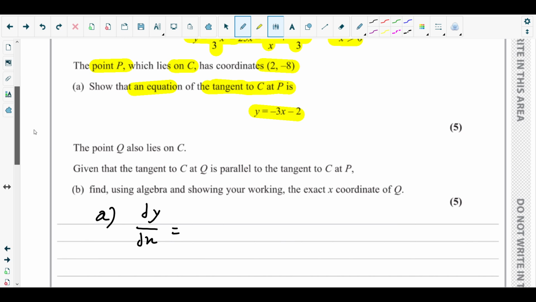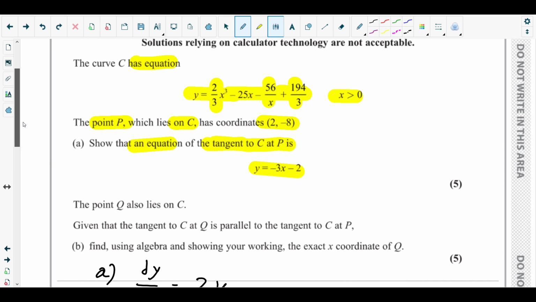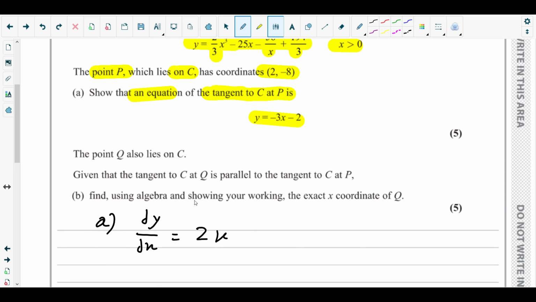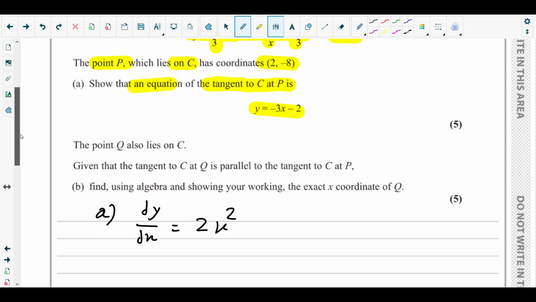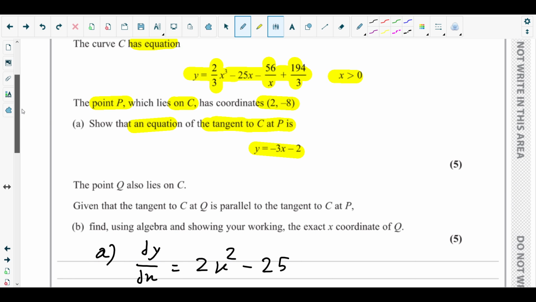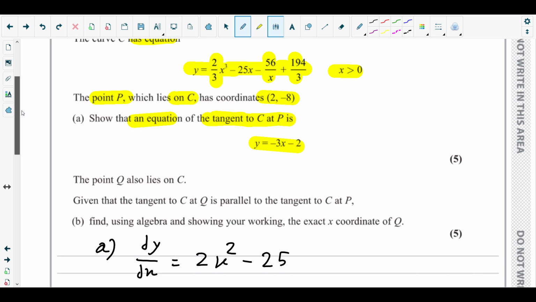So 2 over 3 times 3 gives you 2, and from the power of x we subtract 1. This is the method for differentiation. So 3 minus 1 is 2, giving 2x squared. Then -25 times 1 is -25, and x to the power 1 minus 1 gives x to the power 0, which is 1. So that's -25, and then the -56 term.